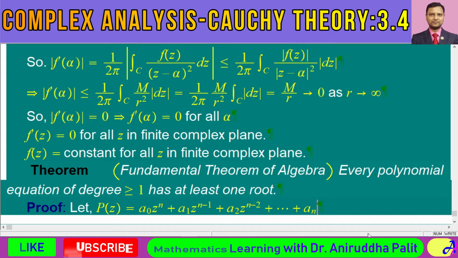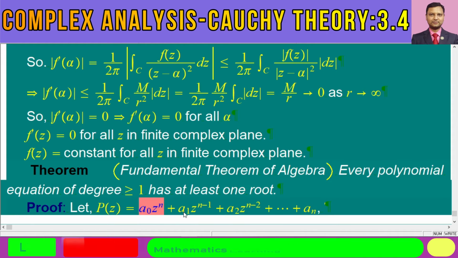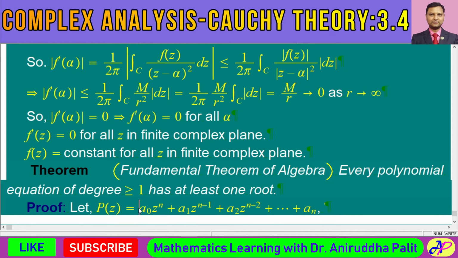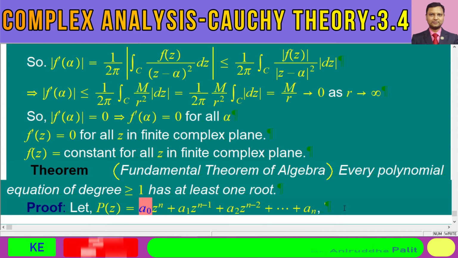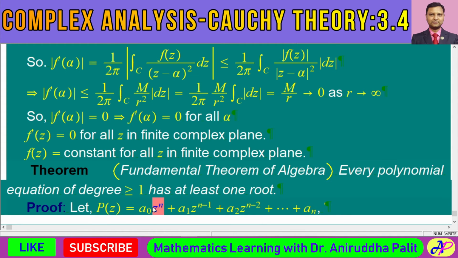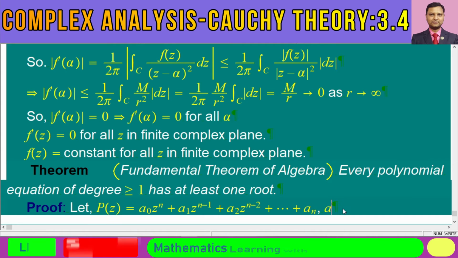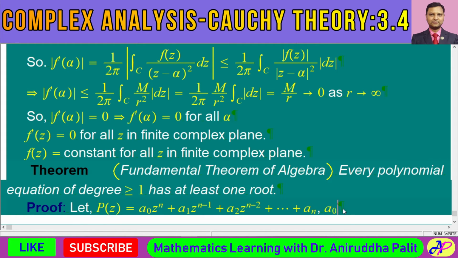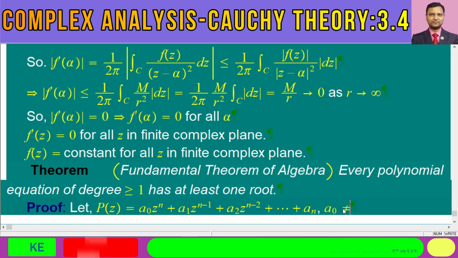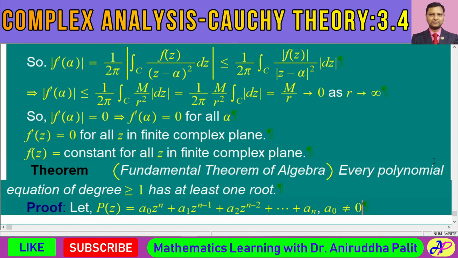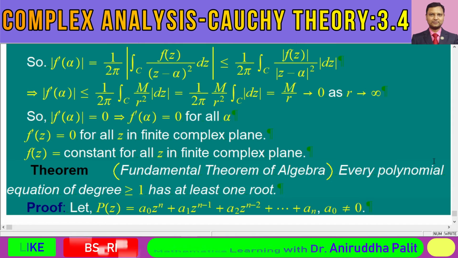We are trying to define a polynomial of degree n, so this coefficient a0 should be not equal to 0, so that it remains a polynomial of degree n. So we are applying this restriction that a0 is not equal to 0.